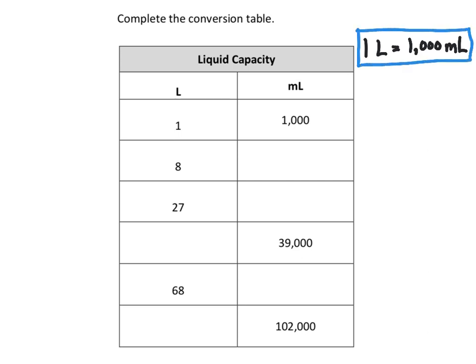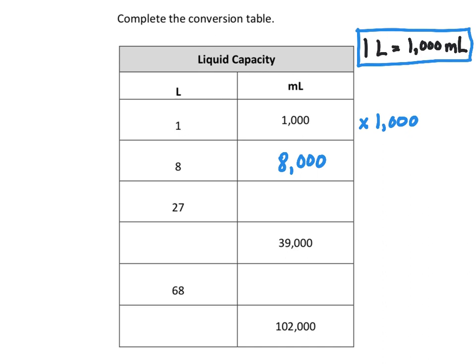All right, so 1 liter is equal to 1,000 milliliters. Well, what about 8? 8 liters is equal to 8,000 milliliters, because each time we're going to be multiplying by 1,000 because we're going to the right of that diagram that I taught you, so we're going to multiply. Or if we're going to go to the left, we would divide.